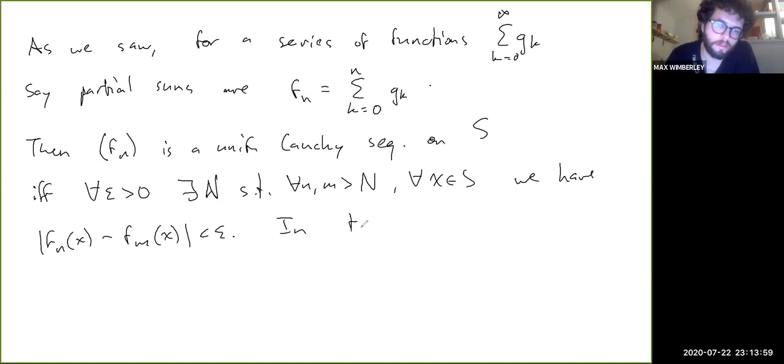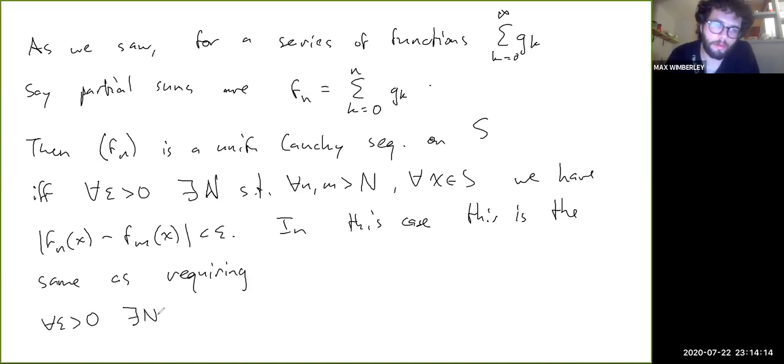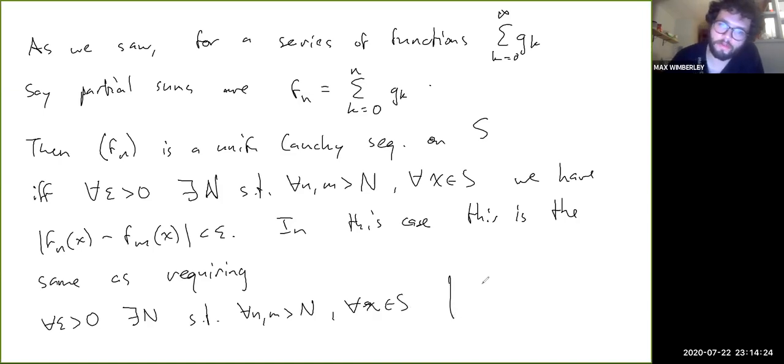In this case, this is the same as requiring that for all epsilon greater than 0, there exists a capital N such that for all n and m greater than capital N, for all x in S, we have the absolute value of the sum from k equals m to n of g_k of x is less than epsilon, and we can assume that n is greater than m.